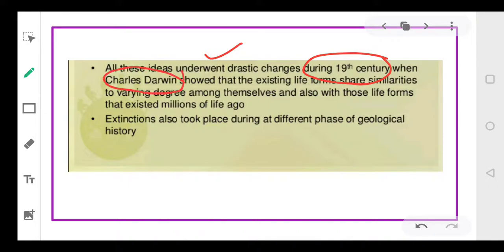Charles Darwin said that the existing life forms share similarities, right? The existing individual organisms share similarities with each other to various degrees. And they also are similar to those life forms which had existed earlier millions of years ago.